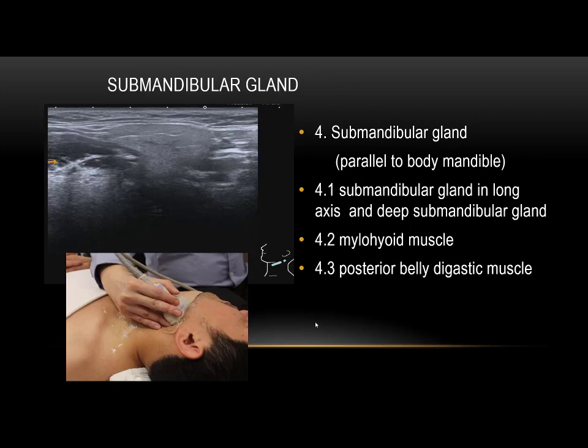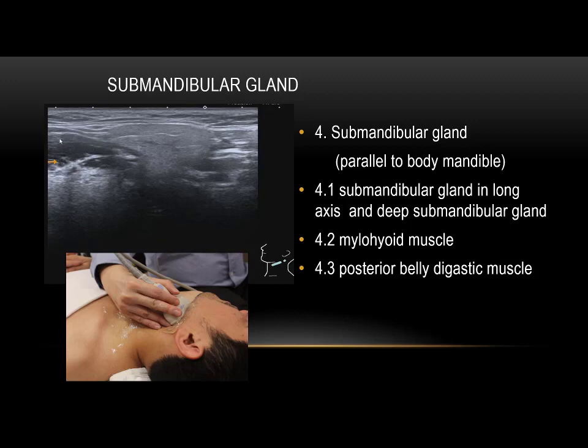In a normal good image, you're going to see structures around the submandibular gland. At the anterior aspect of the gland, you're going to see a group of muscles, and there's another muscle posterior to the gland as well. The first one is a triangular shape in the middle here.